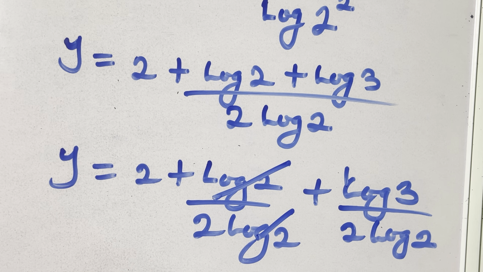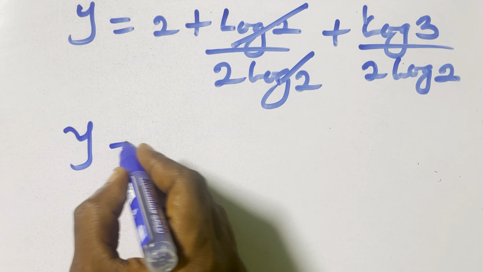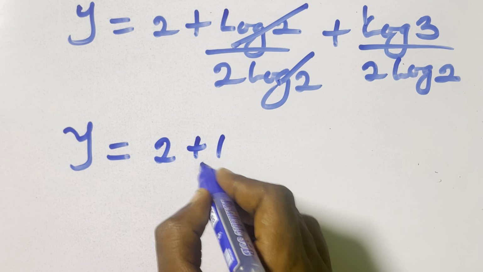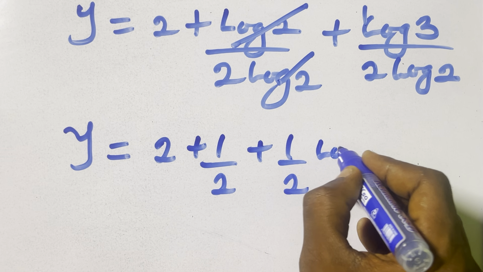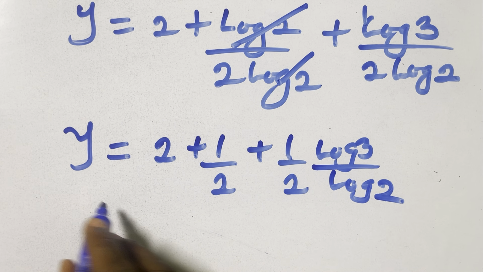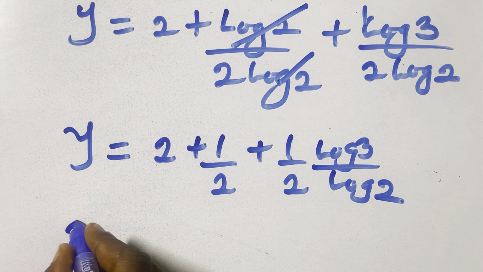So then we are going to have y equals 2 plus 1 divided by 2 plus 1 divided by 2 log 3 divided by log 2. So we are going to do something here by finding the LCM and simplify this.